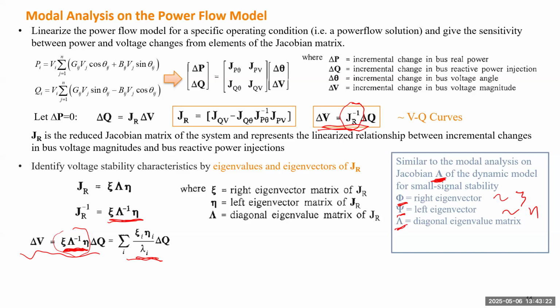Each atom has a product of one right eigenvector and one left eigenvector divided by the eigenvalue. So I here is the index of the eigenvalue. If the system has a dimension of n, there will be n lambda I. Each lambda indicates one mode. Here we assume the eta will be the inverse of Kasai.